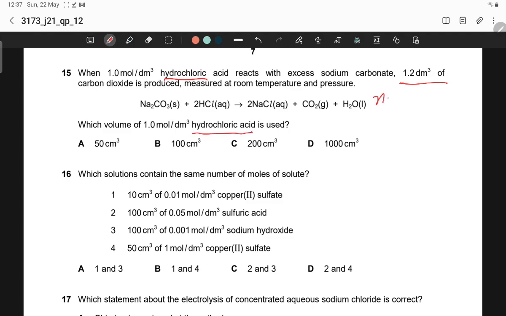Let's find the moles of CO2, equal to 1.2 divided by 24 dm cube, which is 0.05.